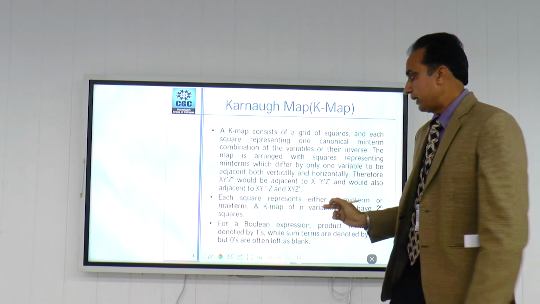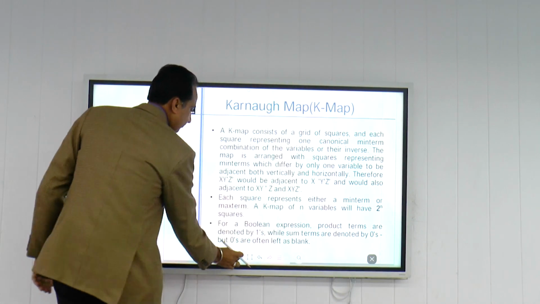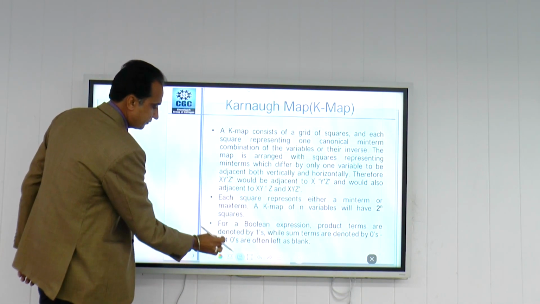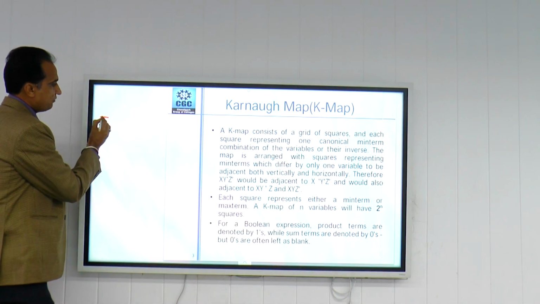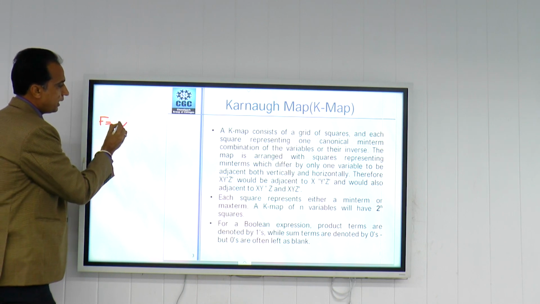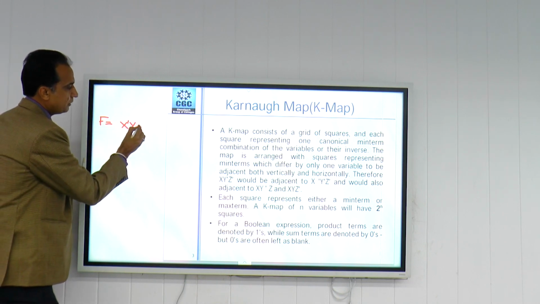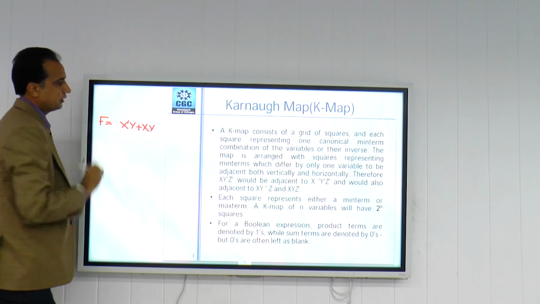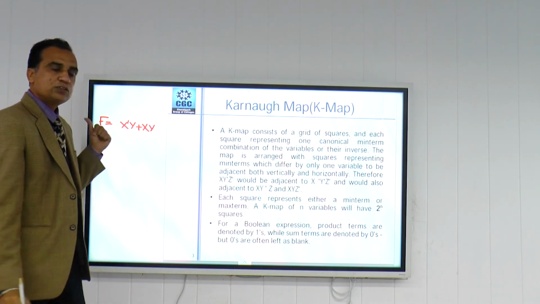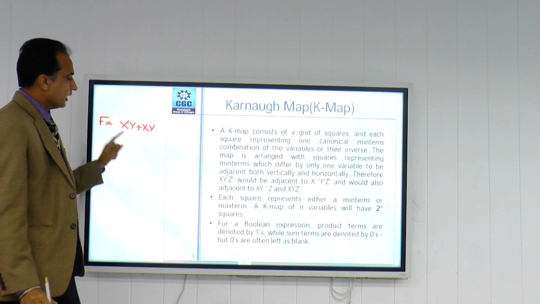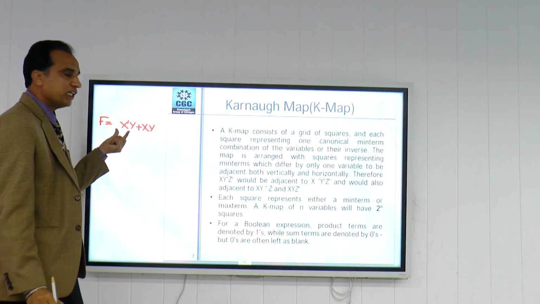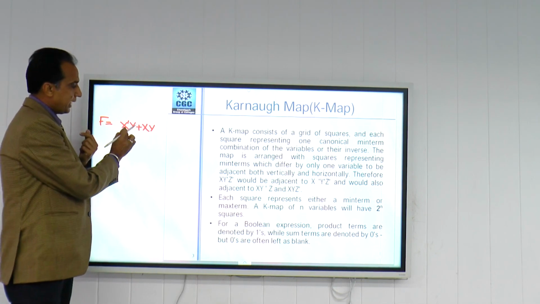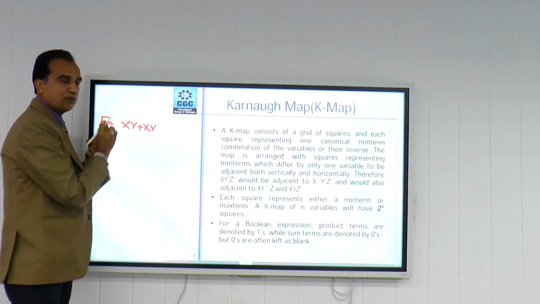For example, I write the equation f is equal to x complement y plus xy. Now this equation contains 2 variables x and y. In this equation there are 2 elements, x complement y and xy.